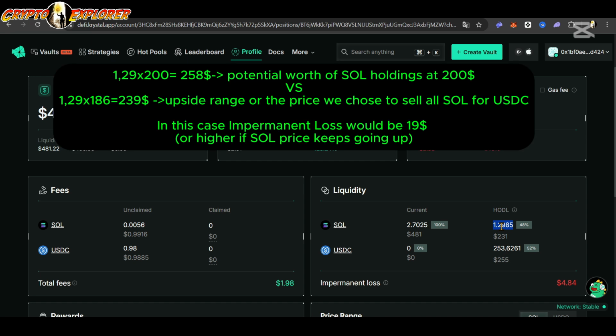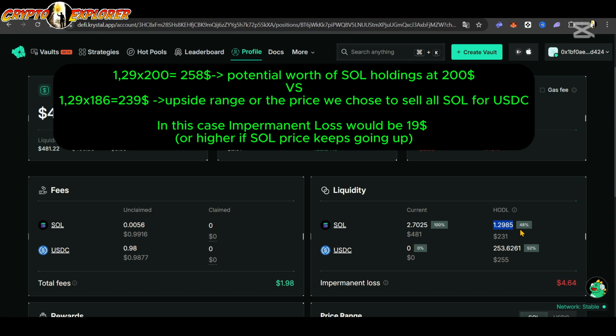And that difference would be the impermanent loss. And when I say that difference, it is the difference between Solana's price, if it would be at $200, and our upper price range.